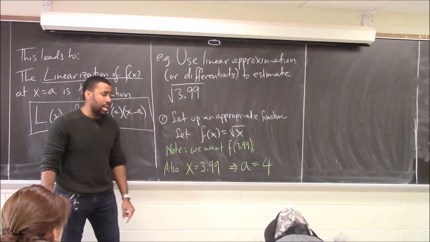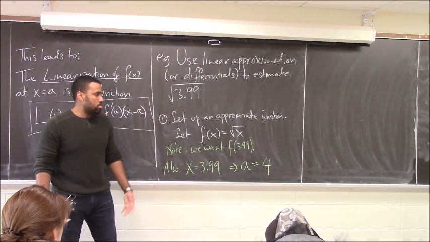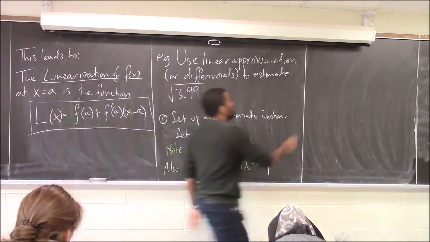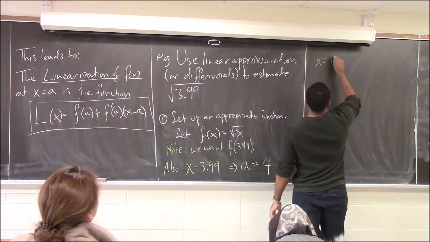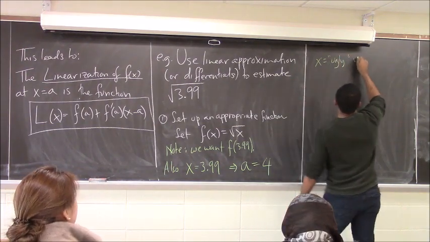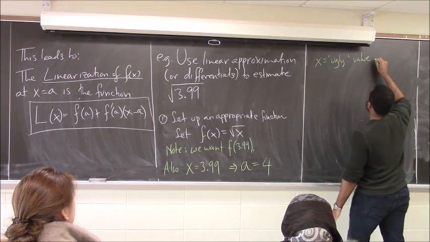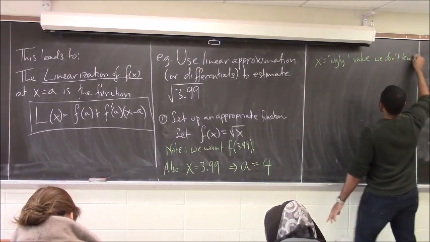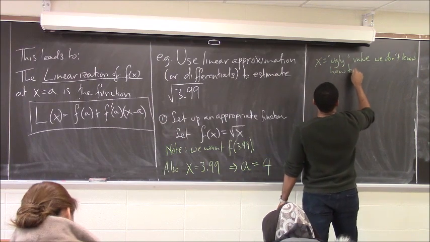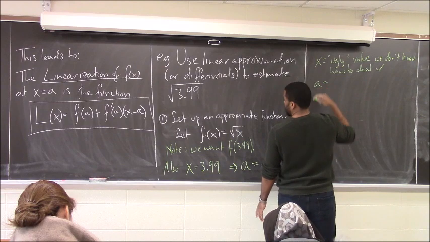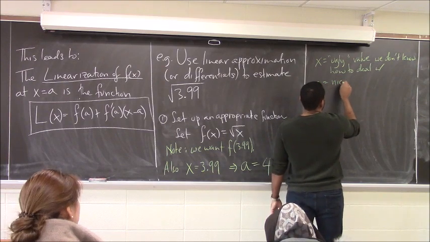It's the closest thing to that that I know of, and I know an easy way to deal with the function. So, in other words, x is the ugly value. I mean, no numbers are ugly, you know what I mean. You don't know how to deal with a in our formula is going to be the nice value.